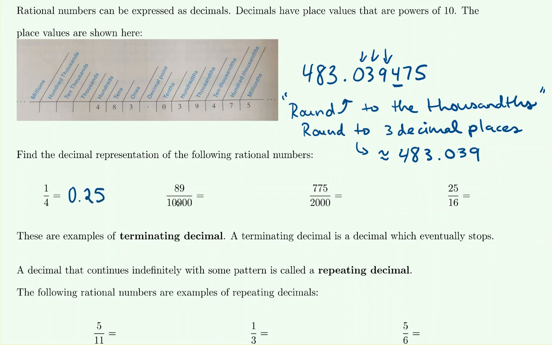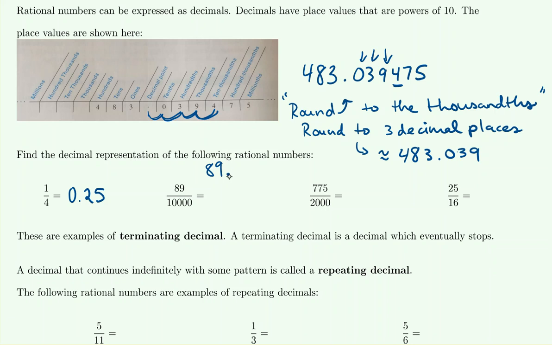Now 89 over 10,000, the way we would think about that is the 89 has the decimal place right after the 9. And if we're dividing by 10,000, it's like we're moving the decimal place over 4 positions to get to the ten-thousandths. So 1, 2, 3, 4.